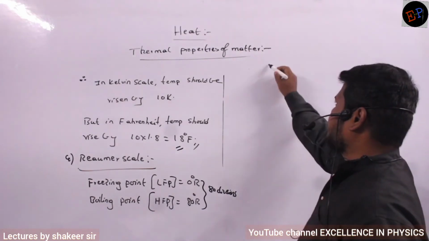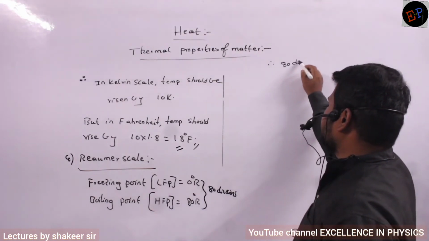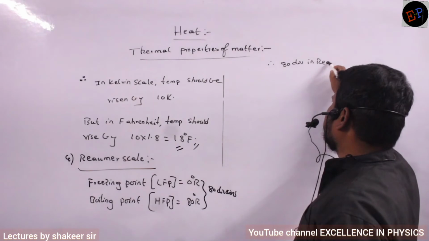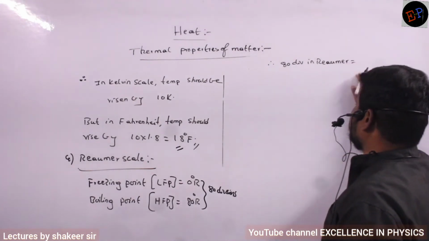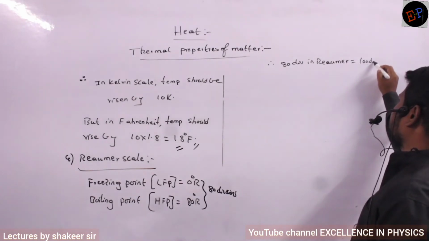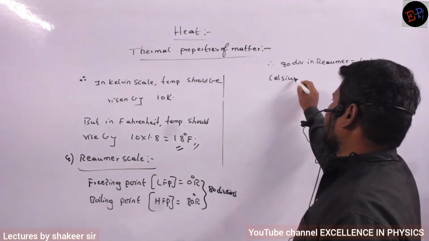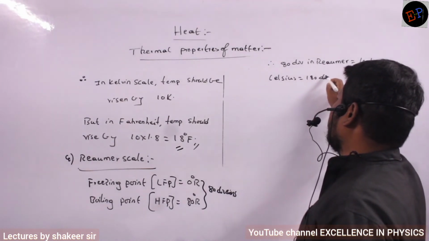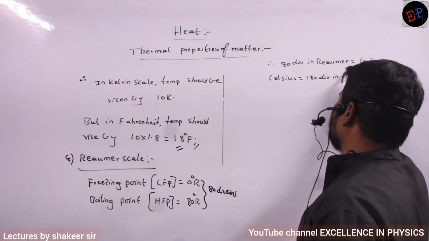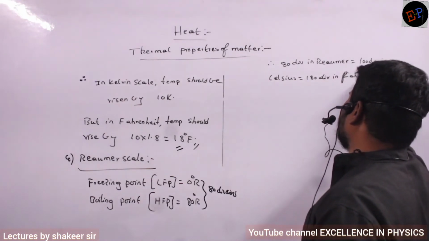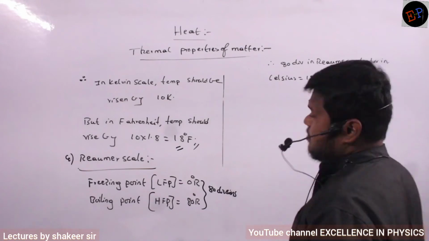Therefore what we write? 80 divisions in Reamer is equal to 100 divisions in Celsius, and it is again equal to 180 divisions in Fahrenheit. Understood, no?